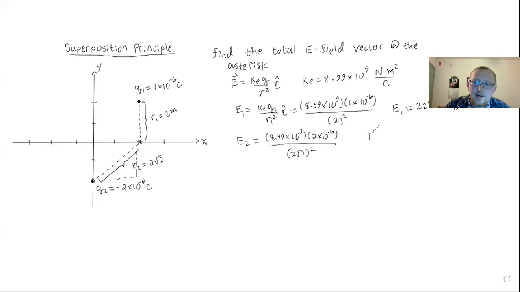All right, now we can plug in. Let's deal with 2 root 2 first. That's going to be 8, right? Because 2 squared is 4, root 2 squared is 2, and 2 times 4 is 8. So 8 in the denominator. So we get, oh my goodness, this is so cool, 2,247.5 newtons per coulomb.